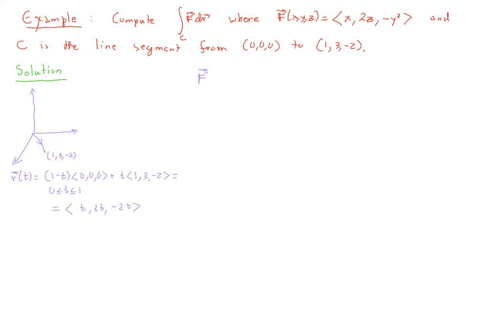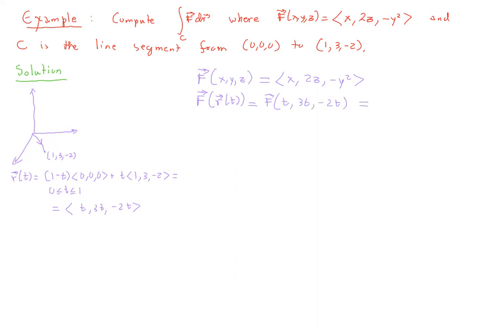What is the underlying vector field? We have already given it. I'm just rewriting what is written on the top there. It's x z minus y squared, and F of r of t is F of t, 3t, -2t.